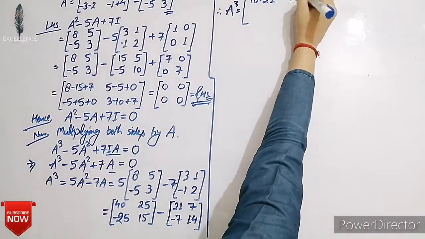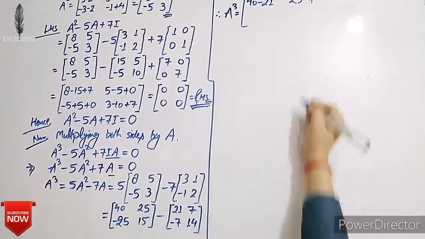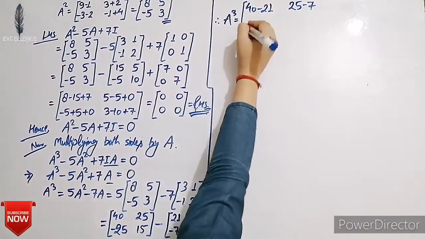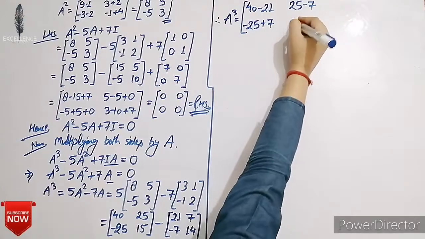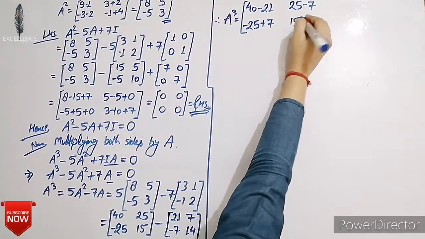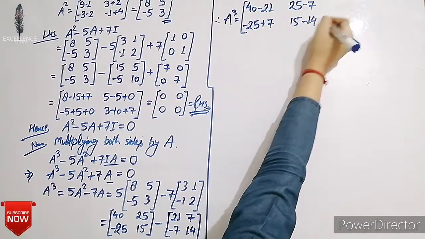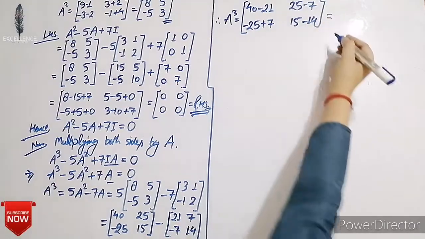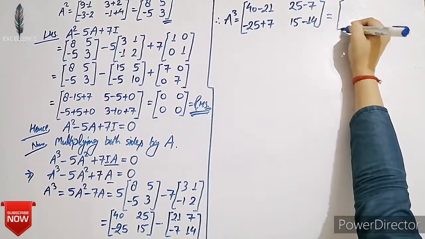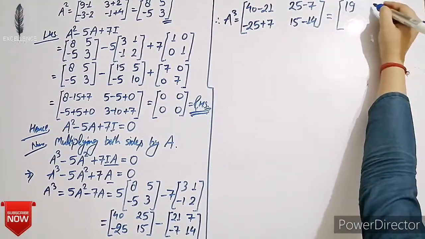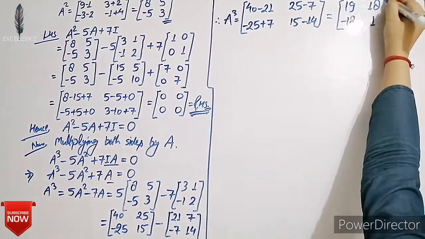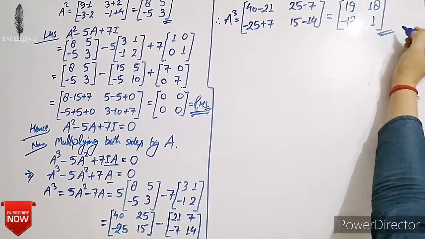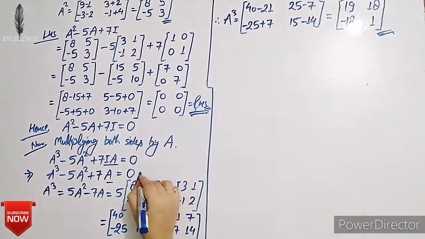Second element is minus 25 plus 7, third is 25 minus 7, and last is 15 minus 14, that is equal to [19, -18; 18, 1]. It is the value of A cube.